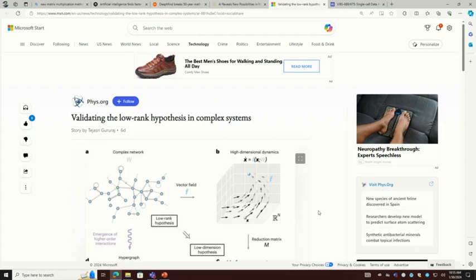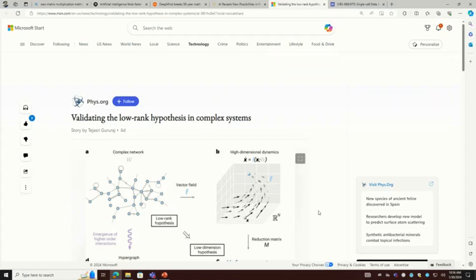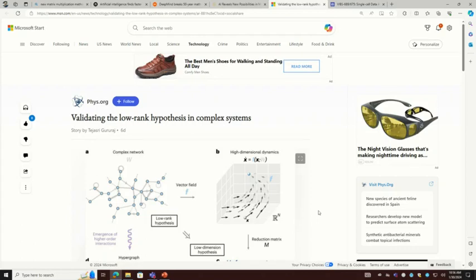By the way, rank has always been used quite a lot in physics and data science to indicate the level of complexity in your data. In the low rank hypothesis, basically they say some system or network looks very complex, but in reality you can probably use just a few components to reconstruct everything.